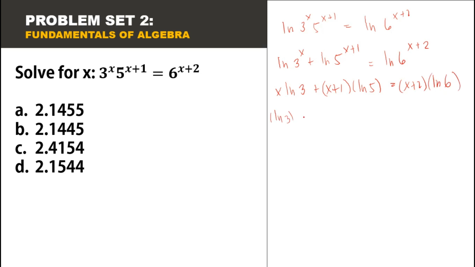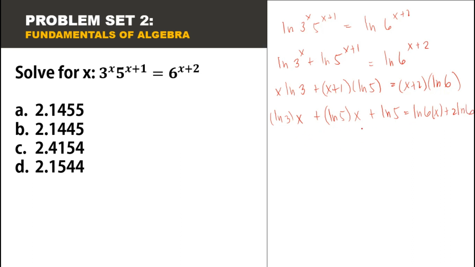That is ln 3 times x plus ln 5 times x plus ln 5 equals ln 6 times x plus 2 ln 6.